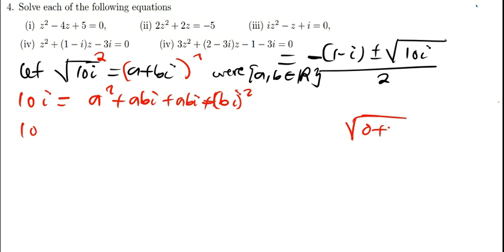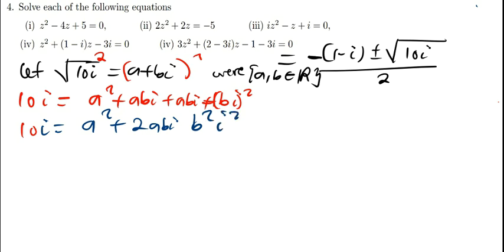In this case the real part is 0, the imaginary part is 10i. If you have just a number 2, it's the same as 2 plus 0i, meaning imaginary in that case is 0. So this is going to be a squared, plus these two can be added to 2abi. Since I've got b squared i squared, and i squared is negative 1, I'll replace this: 10i will be equal to a squared minus b squared plus 2abi.